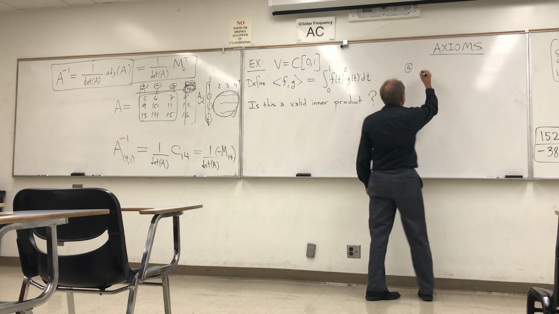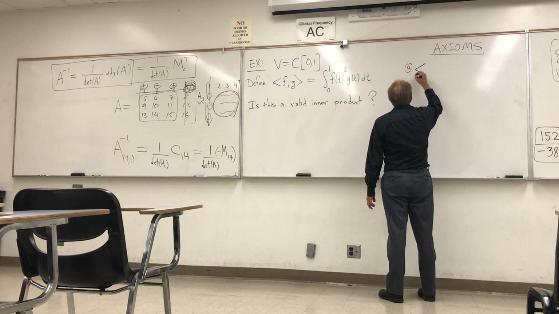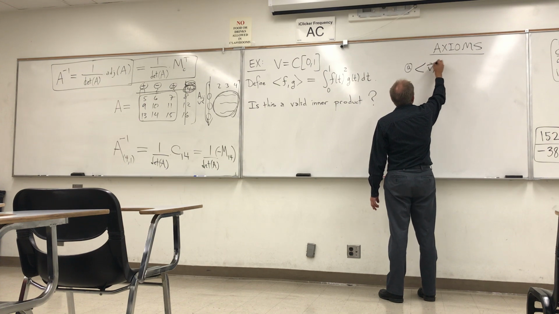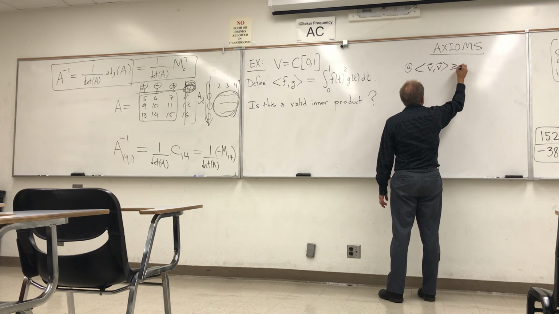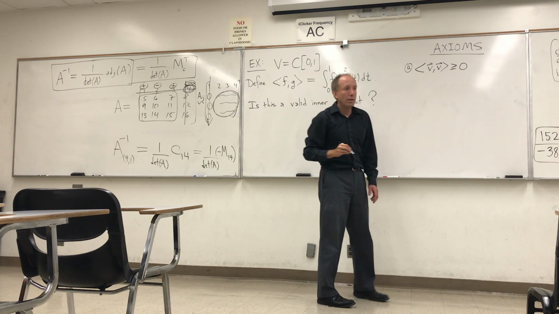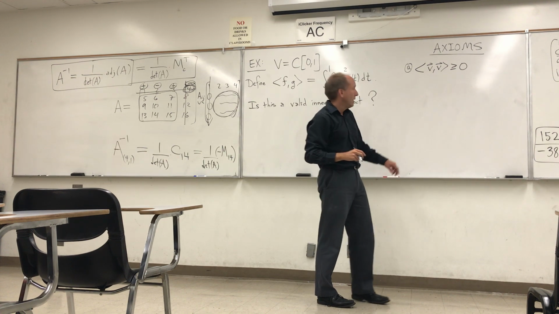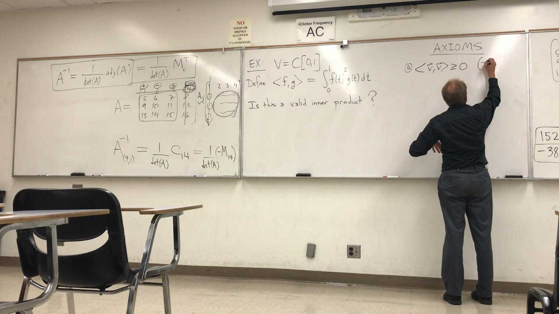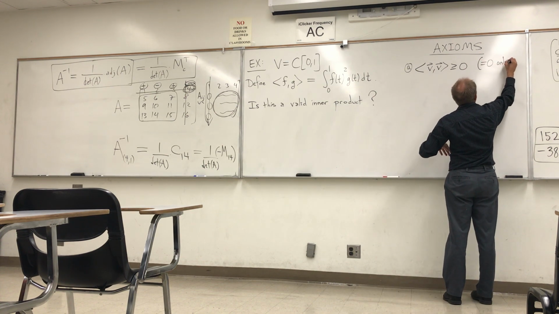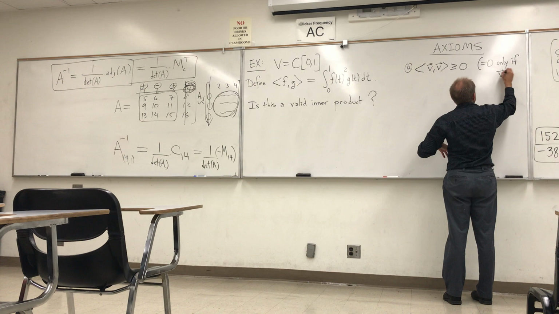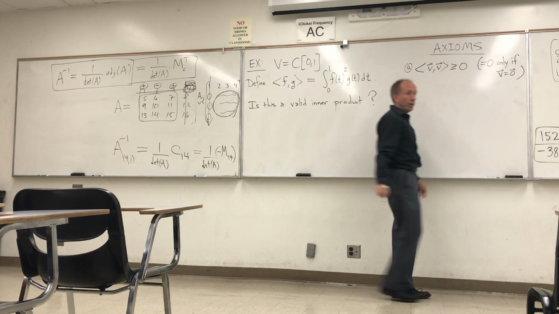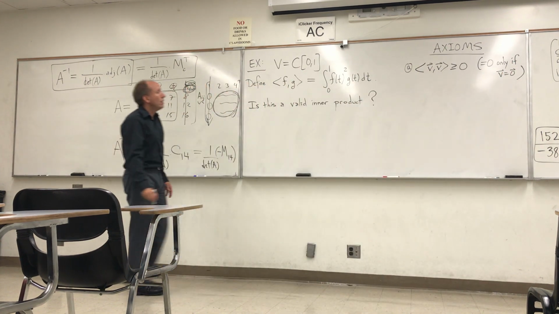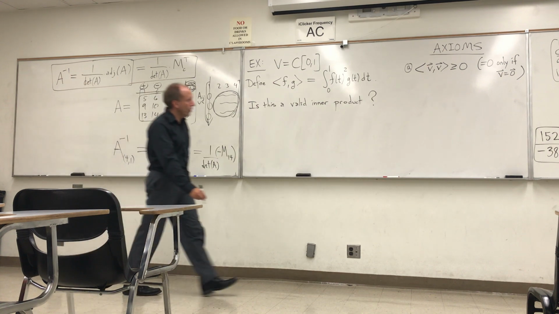If we do the inner product of f by itself, then it's going to be greater than 0, unless it's the 0 vector. So the inner product of V with itself is always at least 0, and it's equal to 0 only if the vector V itself is in fact 0. Okay, so there's the first one.